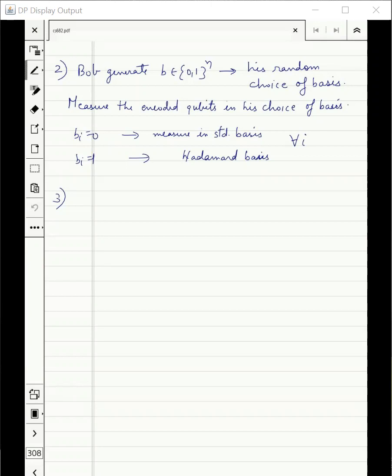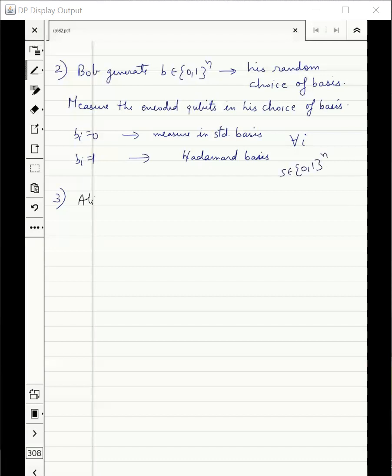That is why we have B in {0,1}^n and measure for all the indices. Right? Now we have two secret keys. R with Alice and let's say S with Bob.